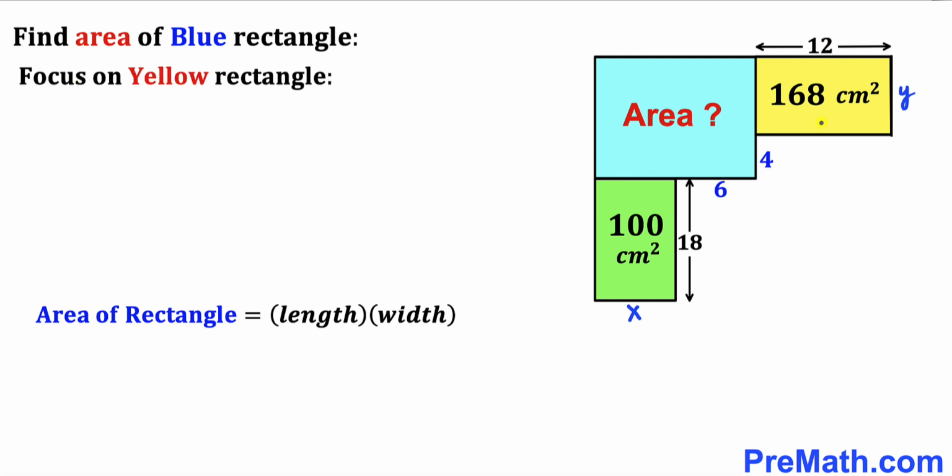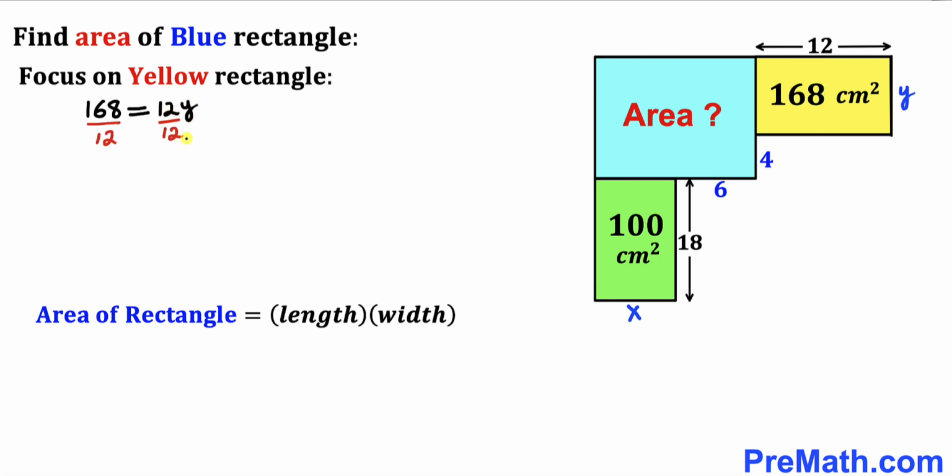And now here's our next step. Let's focus on this yellow rectangle, and we are going to apply this rectangle formula. In our case, the area is 168, so I'm going to write down area 168 equals these two dimensions, 12 and y, so I'm going to multiply them out. 12 times y.